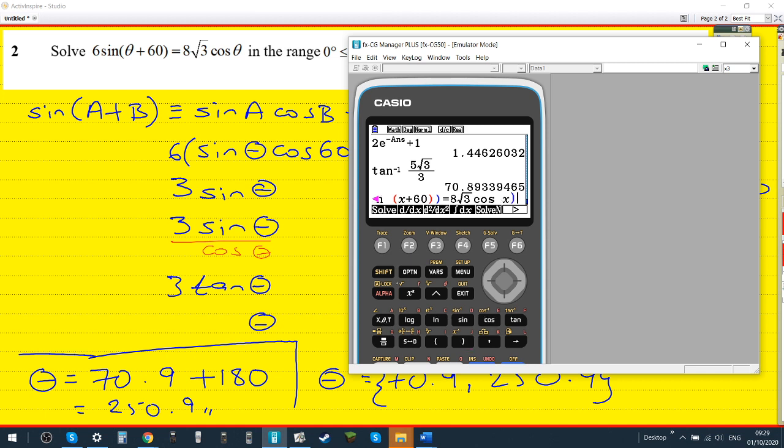Close every bracket, is it? Syntax error. Don't close the bracket.